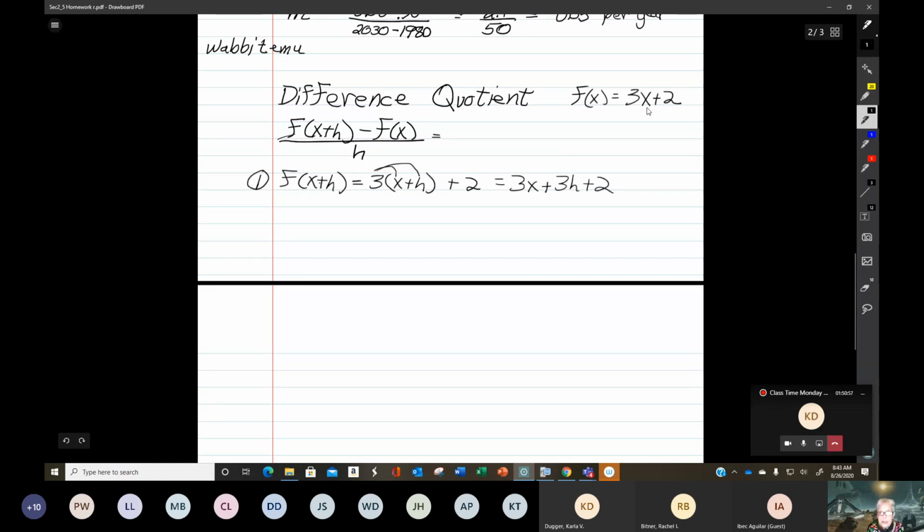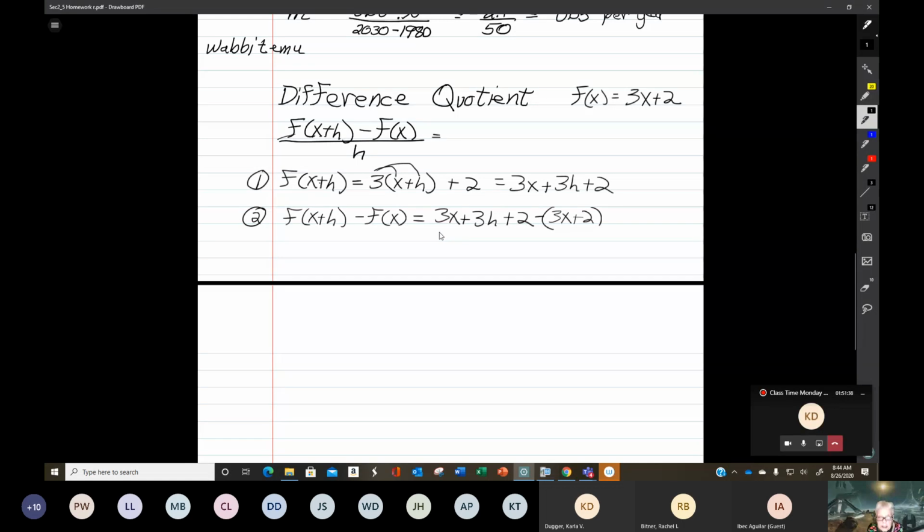Now, we already know what f of x is. So what I'm going to do now is write f of x plus h minus f of x. Okay, f of x plus h is 3x plus 3h plus 2, minus f of x, so minus (3x plus 2).